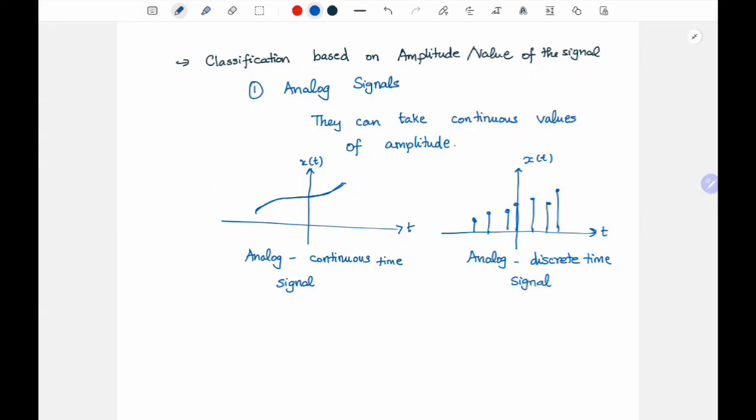So many of you may be confused with analog continuous time and analog discrete time, right? Even analog can be in discrete time. Okay. So this can take values like 1.2, 1.4. Continuously it can take 1.21 also, right?